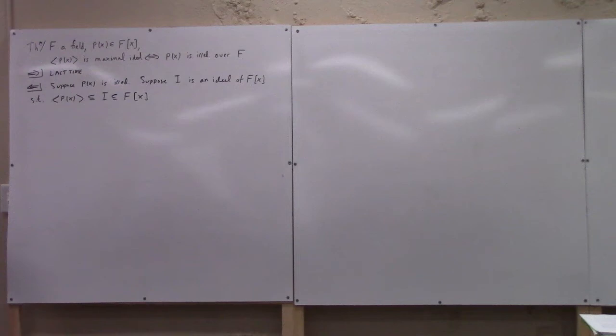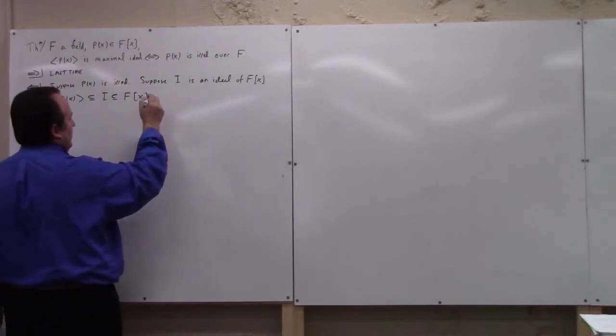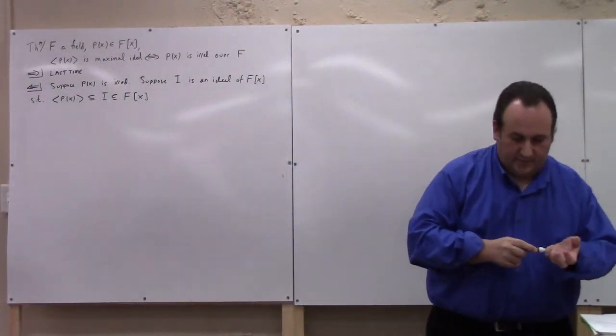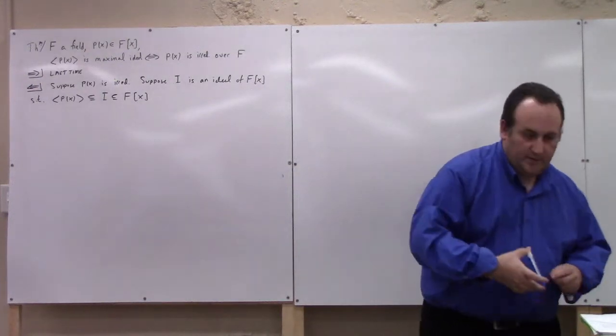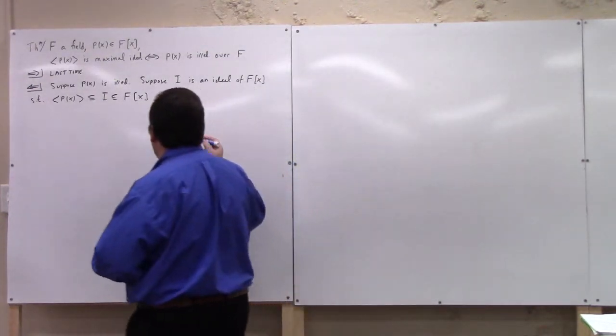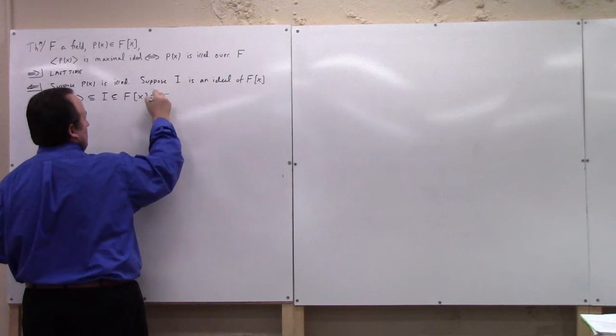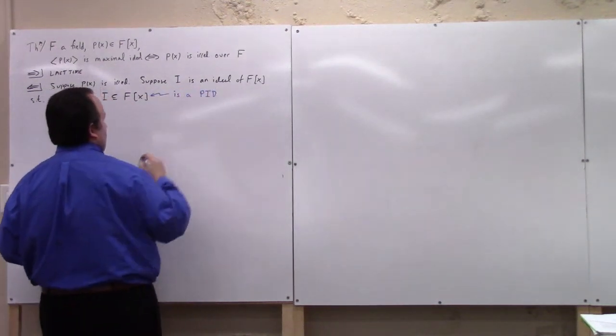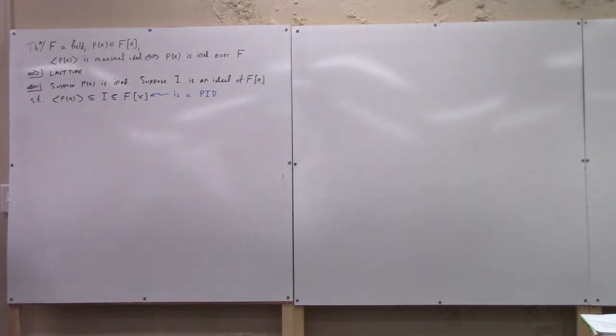Now, what do we know? We know from previous work that the polynomials over F are a principal ideal domain. That's something we proved, meaning that every ideal in the polynomials is generated by some element.